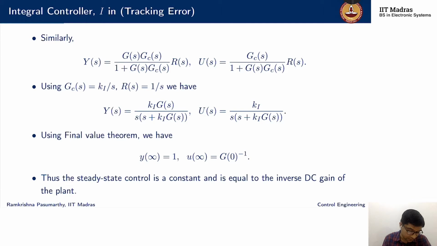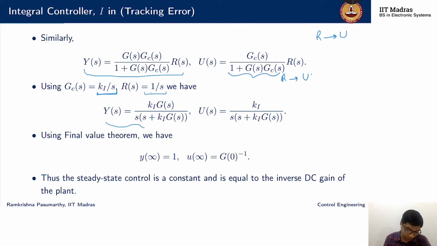Y of S is my closed loop transfer function. This I know. Another signal is what happens from the reference to the input. This is the transfer function from the reference to the input. Now I'm dealing here with just an integral control, with R of s equal to 1 over s.